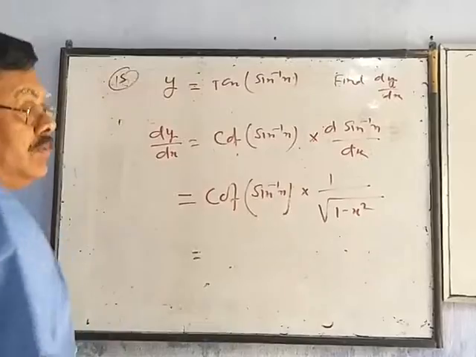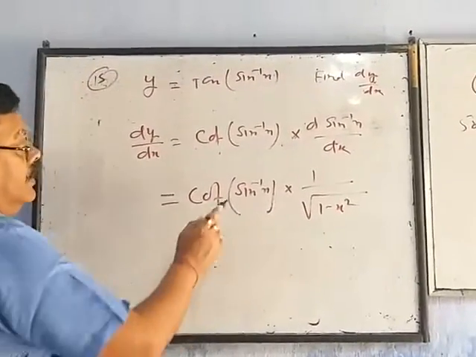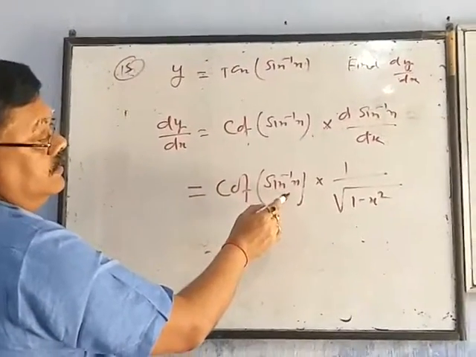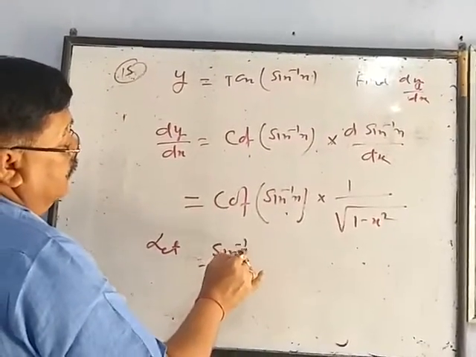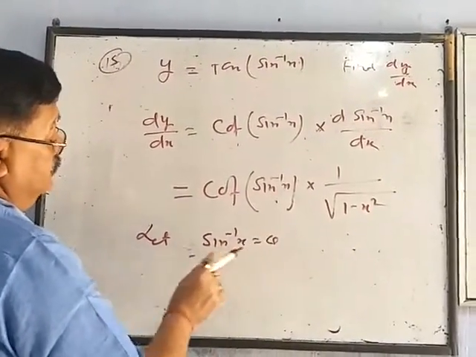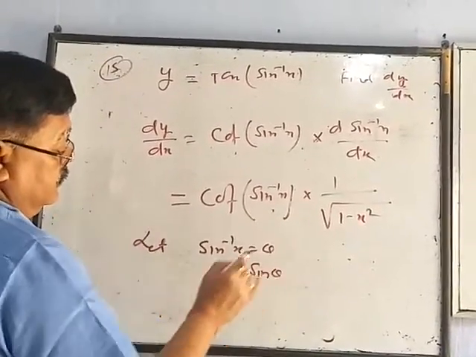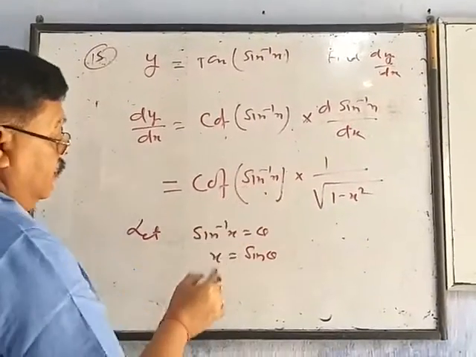Student, here we have to find the value of this. So how can we get it? Here cot sine inverse x, it is in theta, sine inverse x. So let sine inverse x be theta. So x is equal to sine theta. So we have to find cot theta value.